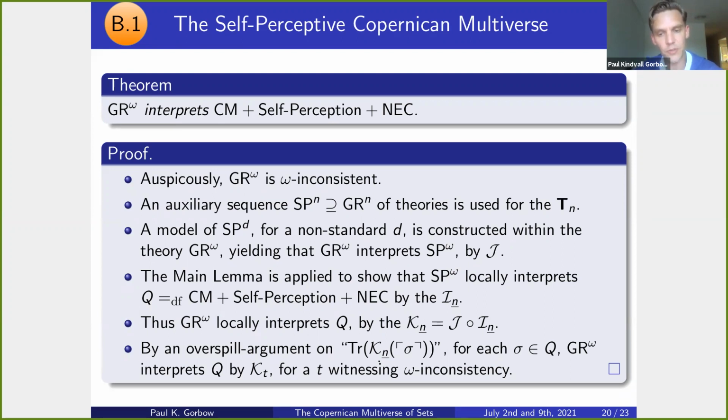And the main lemma shows that we get a local interpretation. So for each standard number n, we get a better and better interpretation.